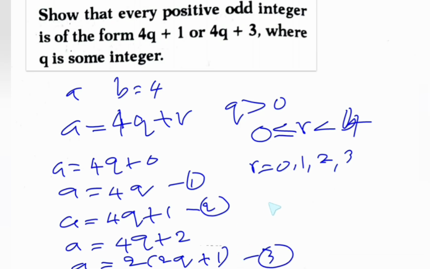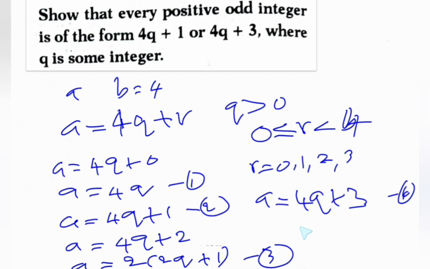The fourth one is a equal to 4q plus 3. Now observe all these. The first one is 4q, the second is 4q plus 1, the third is 2 into 2q plus 1, and the fourth is 4q plus 3.